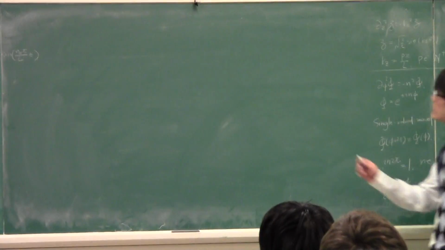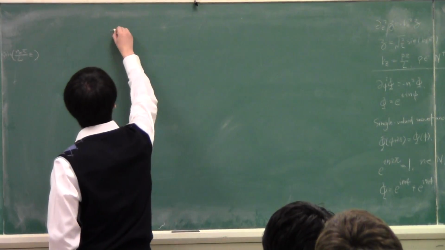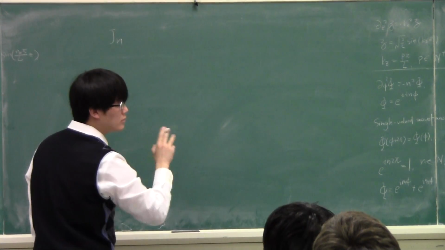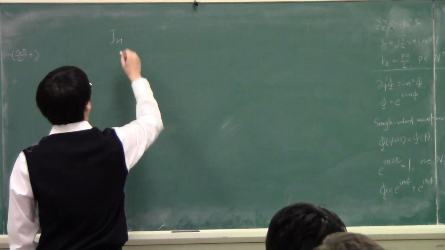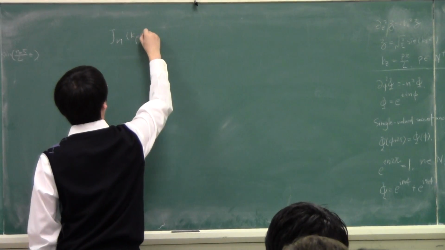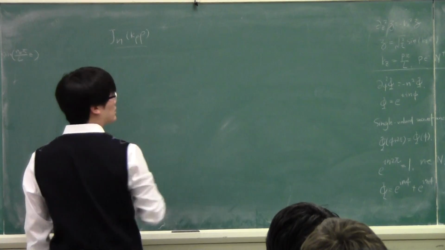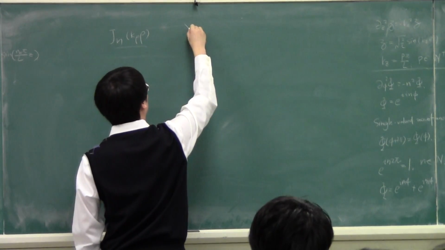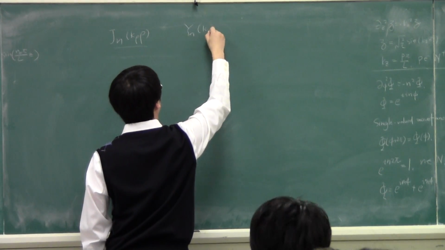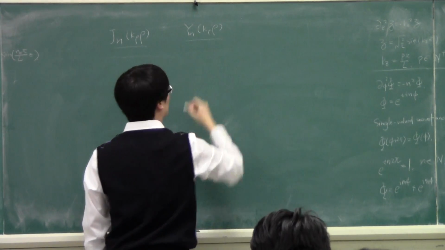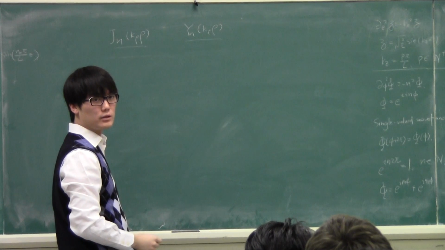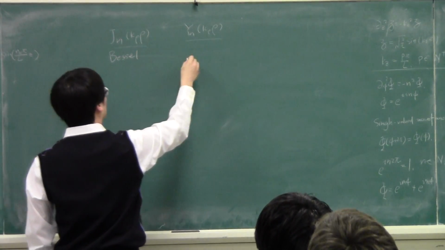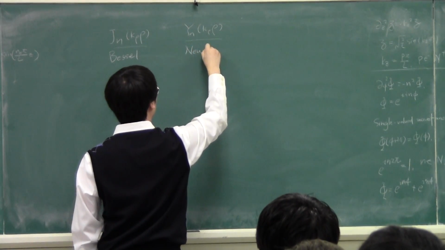So it's natural that the radial component is determined by n, and we write the two independent solutions as this. This is called the Bessel function of the nth order, and also we have Y_n, the Neumann function of nth order. So this is Bessel, this is Neumann.